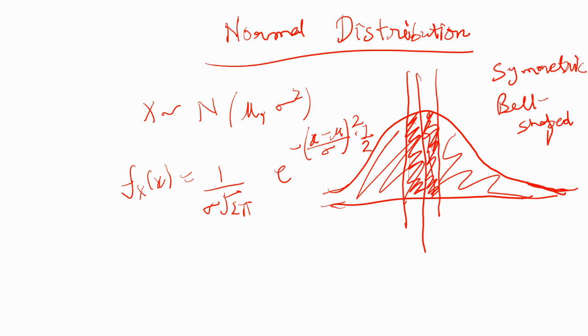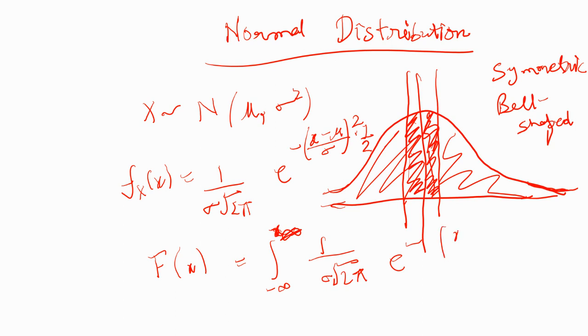So basically what happens is that if you go through this formula, finding capital F of x, the integral from minus infinity to x, of 1 upon sigma root 2 pi e to the power minus (x minus mu upon sigma) whole square times 1 upon 2 dx, is not very simple to solve.